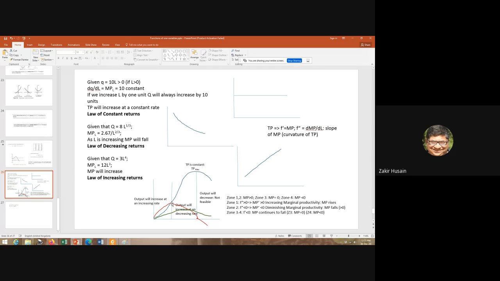Now this point where the MP is at its maximum, you will see that over here, the curvature shifts from convex to concavity.